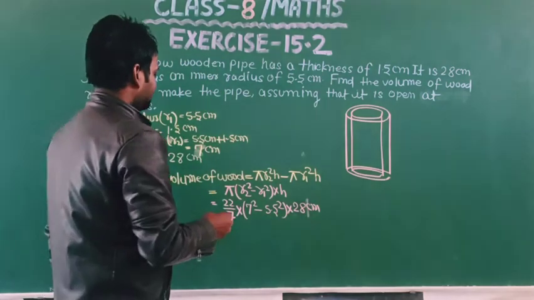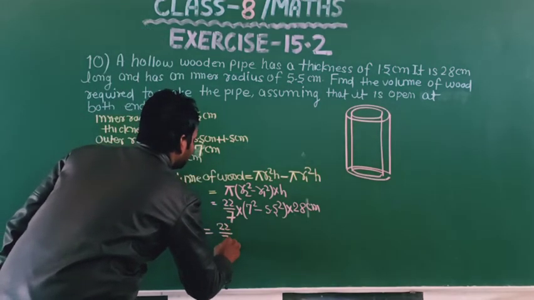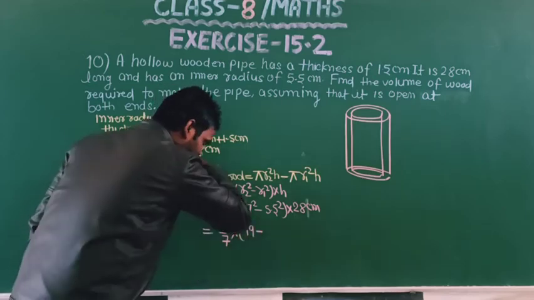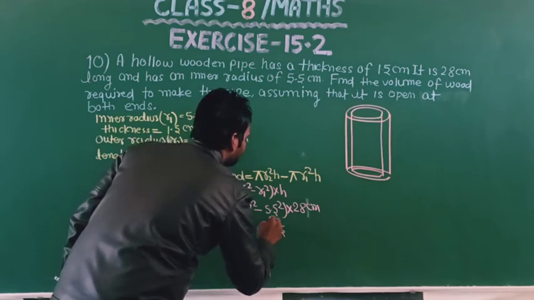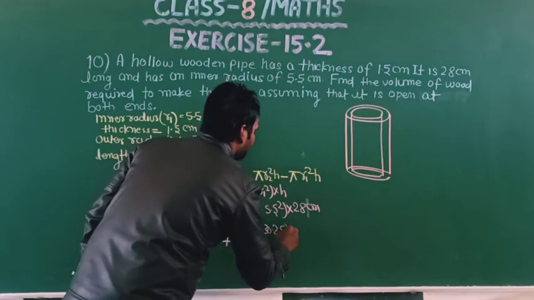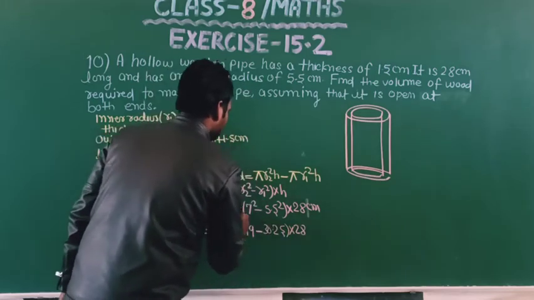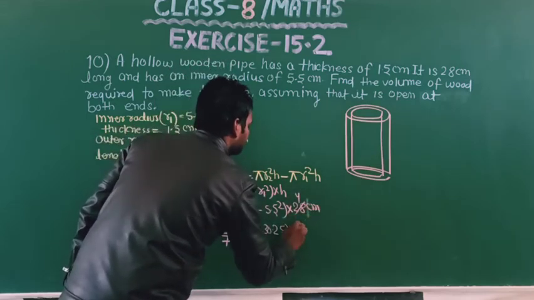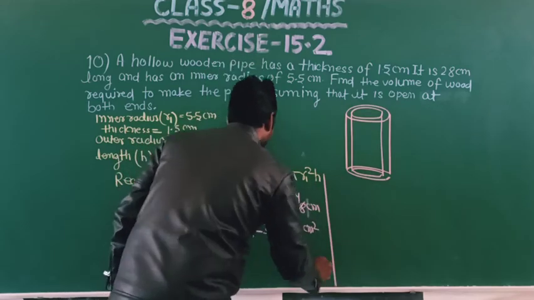Now simplify. So this is 22 by 7 into 49 minus 30.25 into 7 times 4, that is 28, centimeter square.